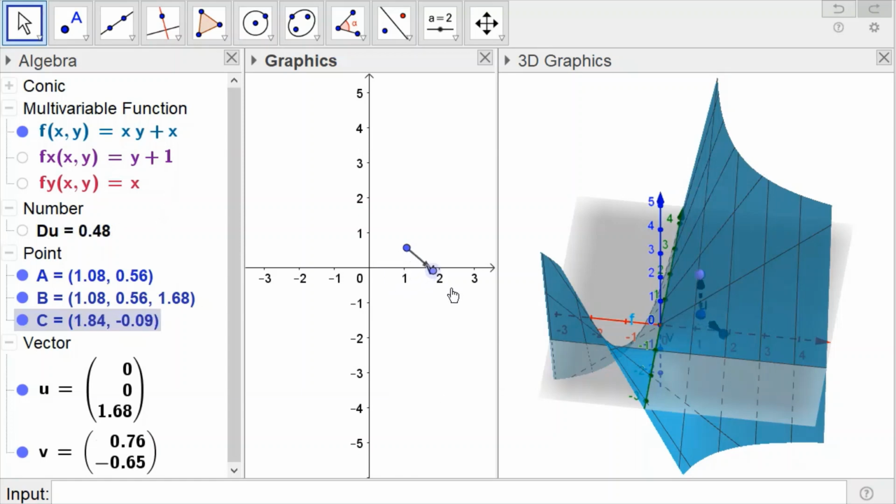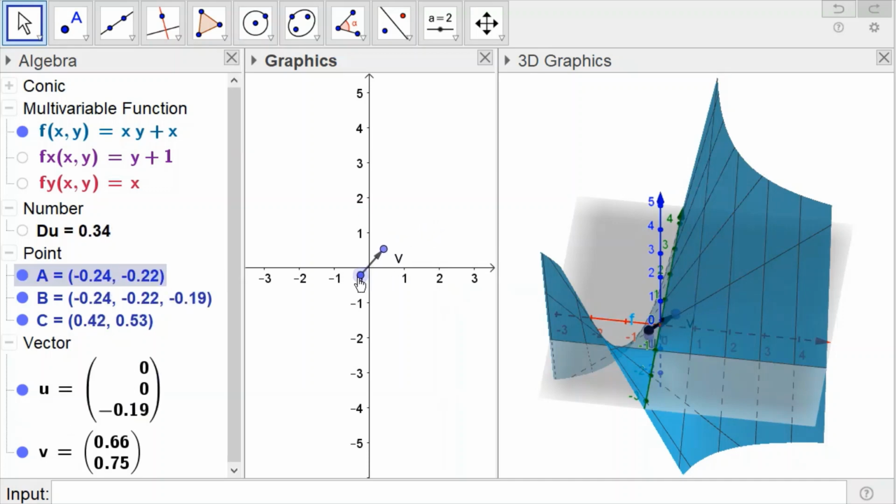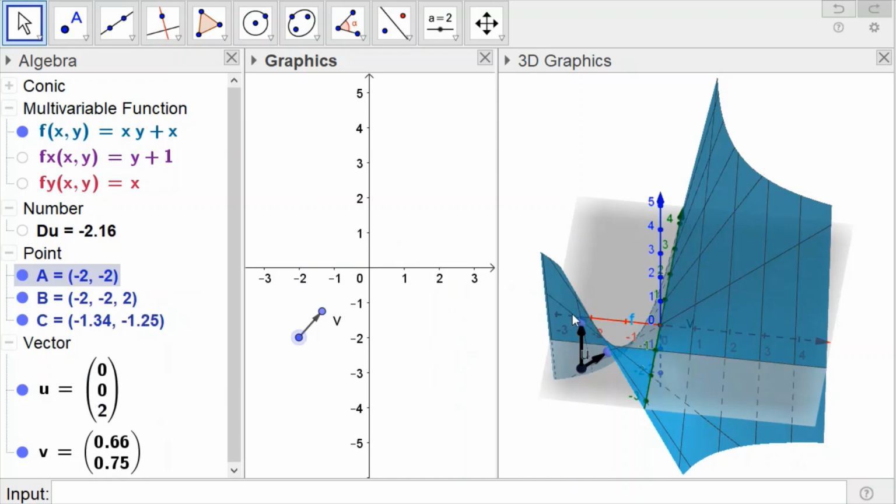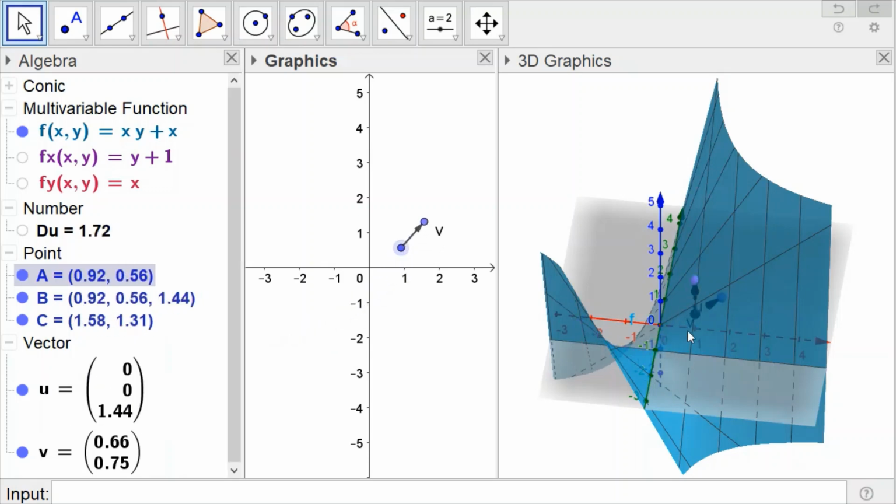Probably there's a direction where I could get the directional derivative to be close to 0. If I point this way, it's almost like it's moving along the graph without changing its height. Let's keep this direction, but let's see if we move the point over here. Now we're kind of pointing down this slope, so now my directional derivative is negative, right? But if I move it over here, then I'm pointing up the slope, so now my directional derivative is positive.